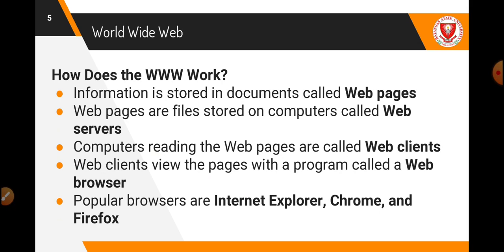So the devices that we are using are termed web clients. These web clients view the pages with a program called a web browser. A web browser could be Google Chrome, Firefox, Mozilla, Internet Explorer, Safari, and the like. Popular browsers are here, as I have mentioned.